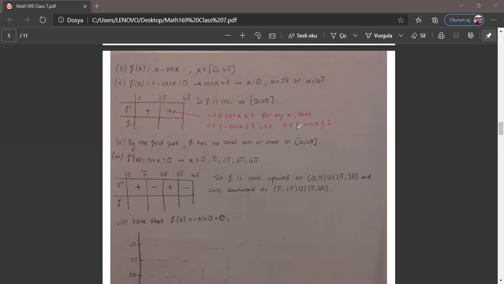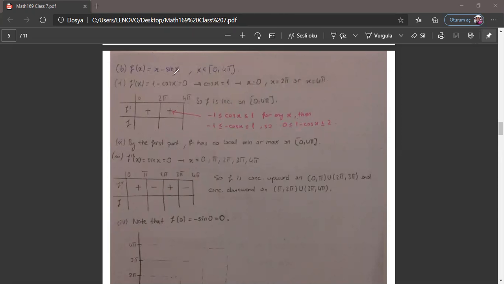And here we have 1 minus cosine x is between 0 and 2. It means it's positive on this interval, right? So again, you pick some, oh, actually you don't have to do anything. You see here for any x, it is between 0 and 2, so it is positive, okay?